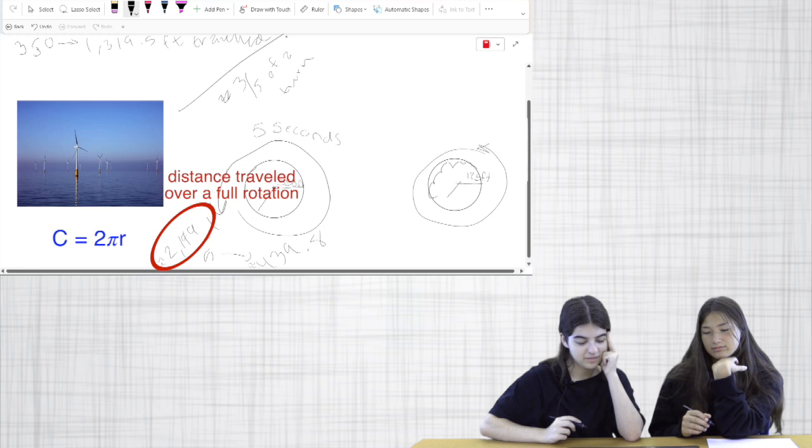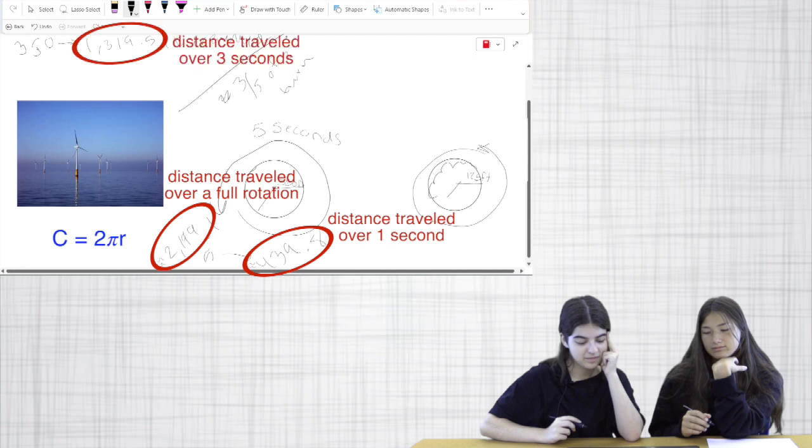They then divided this number by 5 to find how far the tip of the blade would travel in 1 second, about 439.8 feet. Finally, they multiplied this number by 3 to find how far the tip would travel in 3 seconds, about 1,319.5 feet. Now they will perform a similar procedure to find the distance a 125-foot blade would travel over 3 seconds.